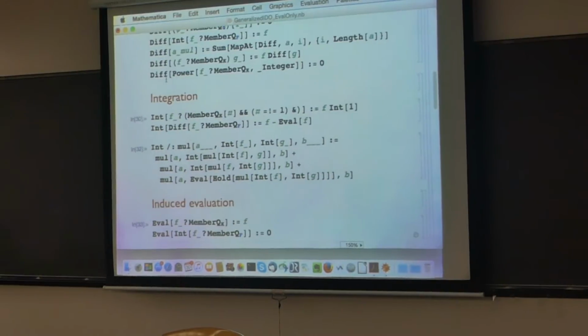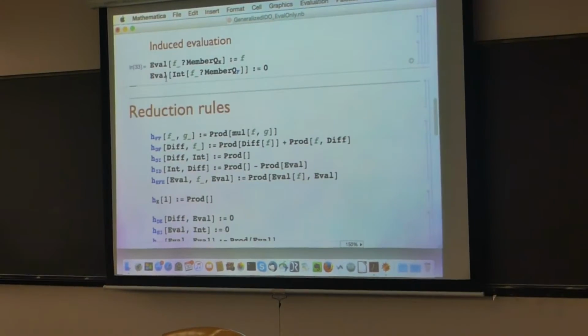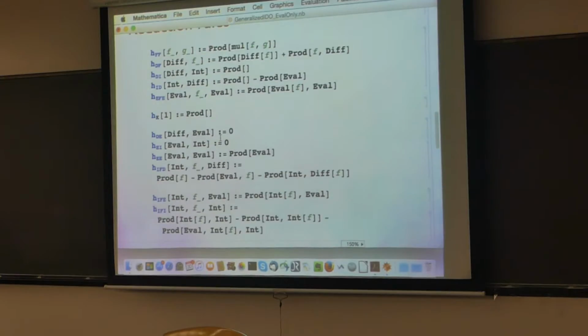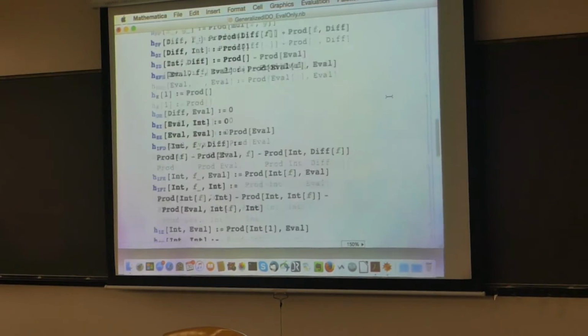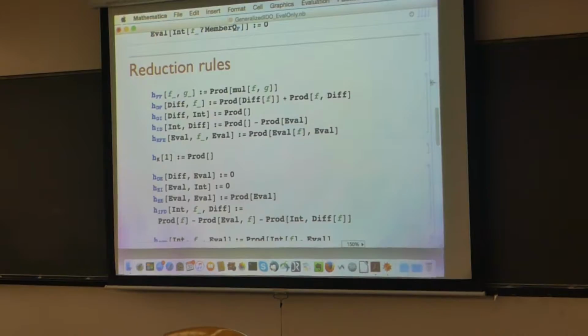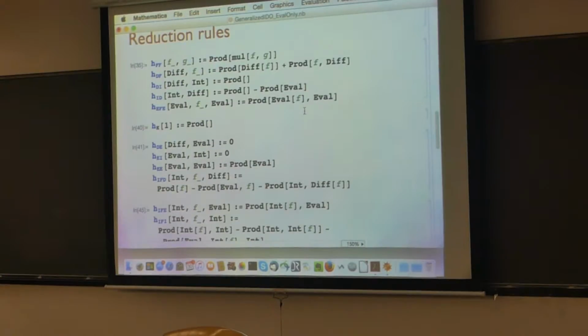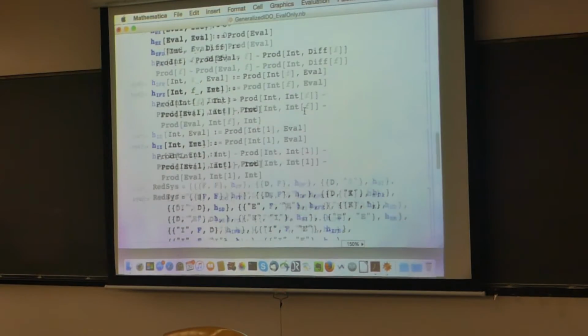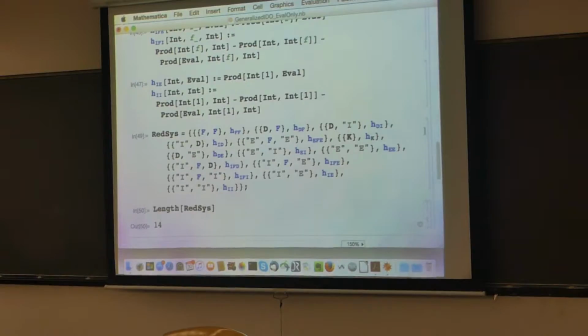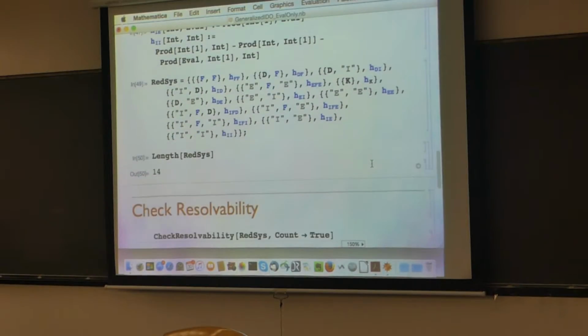So we have to add a few identities on the differential algebra, and then implement all the reduction rules. It's just the syntax, the table of the rules that we've seen before, on the computer with the tensor product. So we have these 14 rules. This is then our tensor reduction system.